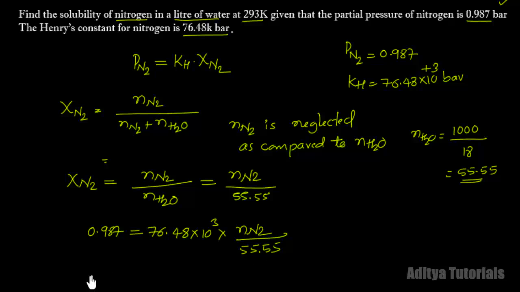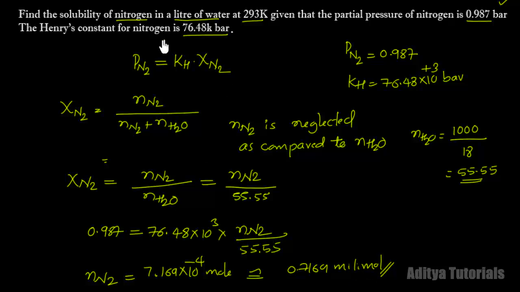After that we get the number of moles of N2 as 7.169 into 10 to the power of minus 4 moles. Or else we can change it to millimoles, 0.7169 millimoles. So this is the solution for this question, students.